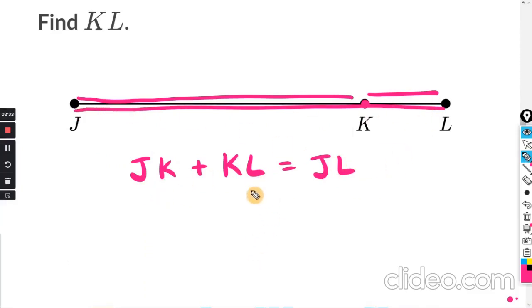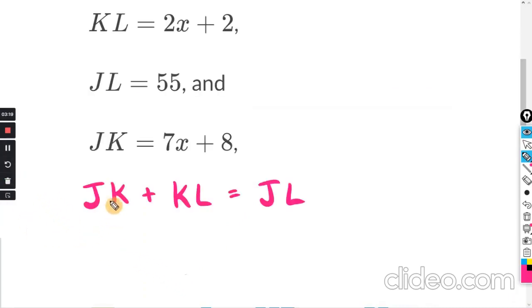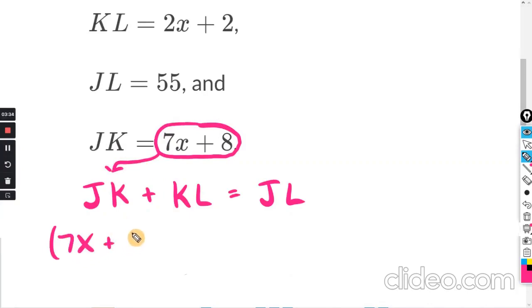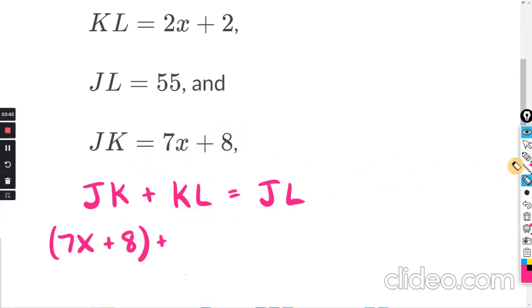Now, once you have your equation, you can plug in the expressions or the numbers. All right, so for JK, we see the algebra expression for JK is right here. That's 7x plus 8. And I am going to sub that in for JK. Bring down the plus sign. KL is the next one. The expression is right here.